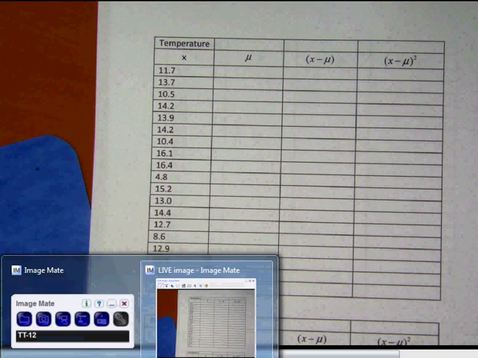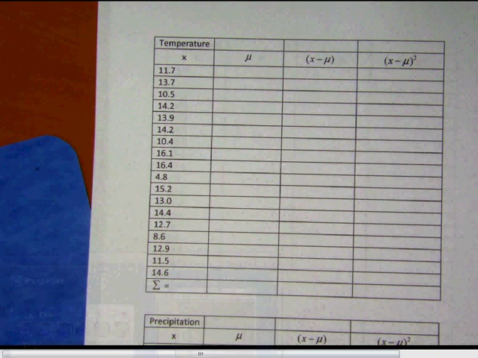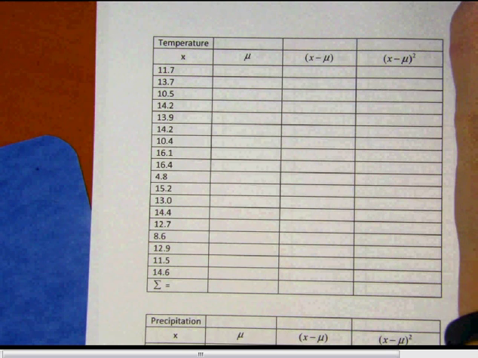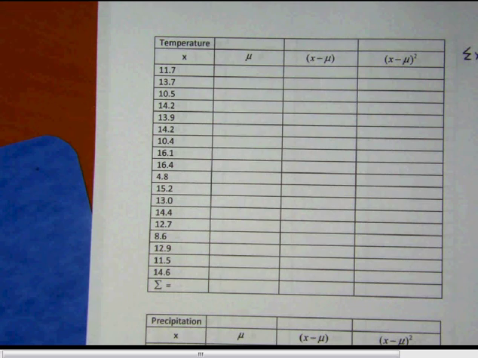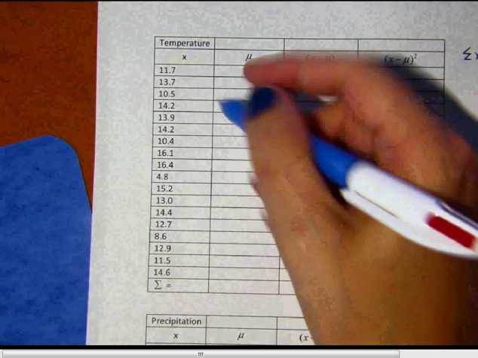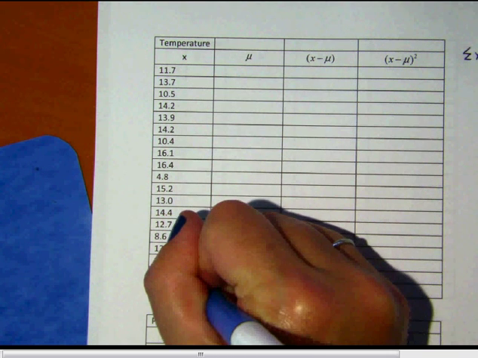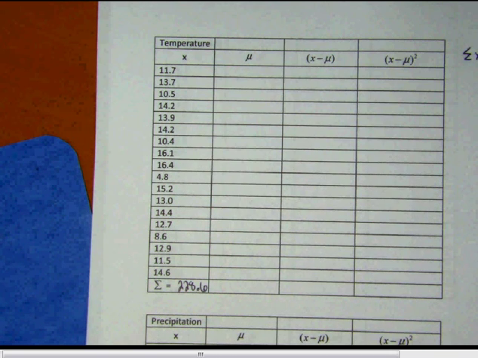Okay, so what we have, it did say that they were populations, so we are using mu, not X bar. So to calculate the average, I take the sum of all of the x's. So I add all of these up, and it's actually, I put it down here, 228.6.